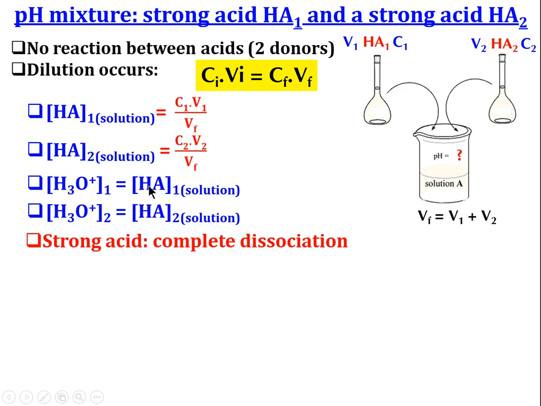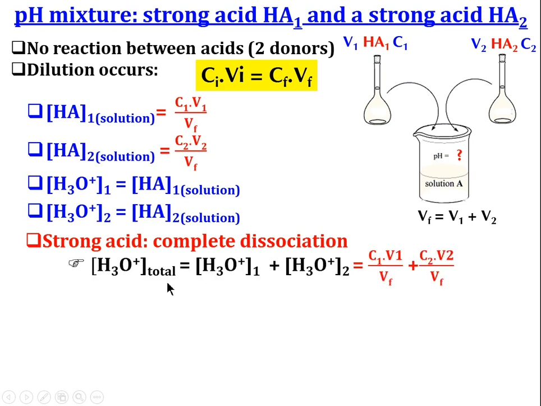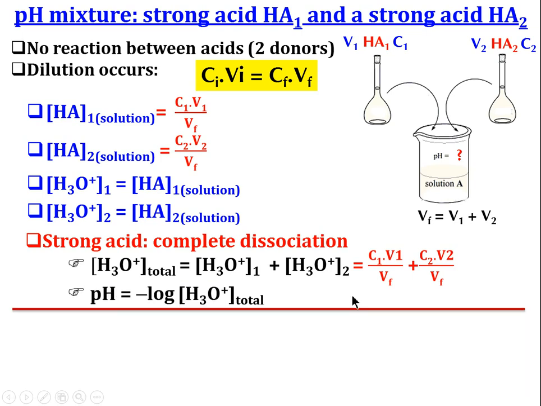And pay attention that HA1 and HA2 in the solution are the concentrations after dilution. The concentration of H3O+ total is equal to the H3O+ provided by the first acid plus the H3O+ provided by the second acid, and H3O+ total in this case is equal to C1 V1 divided by V final plus C2 V2 divided by V final.